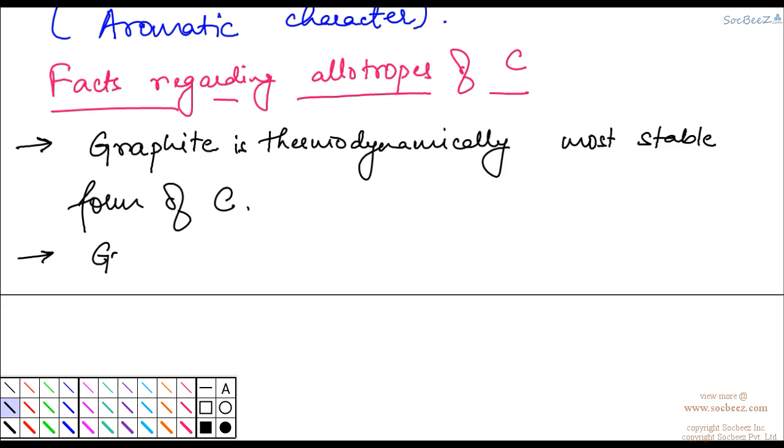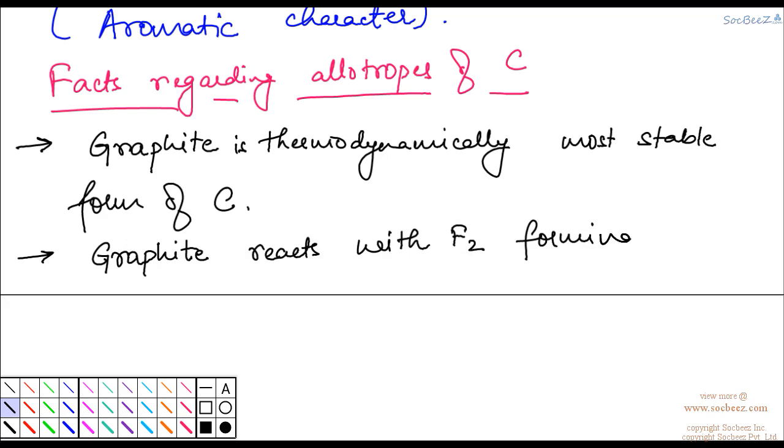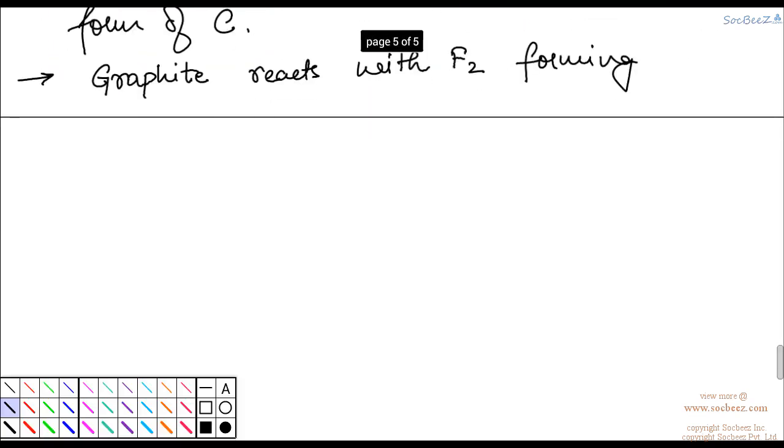Okay, graphite reacts with F2, fluorine, forming intercalation compounds.